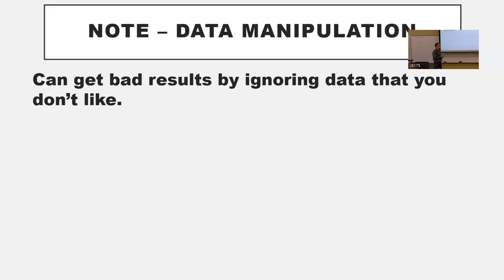The other thing to watch out for when you're dealing with scatter plots and these regression models is that oftentimes people will manipulate data and just use data that they like or ignore data that they don't like.